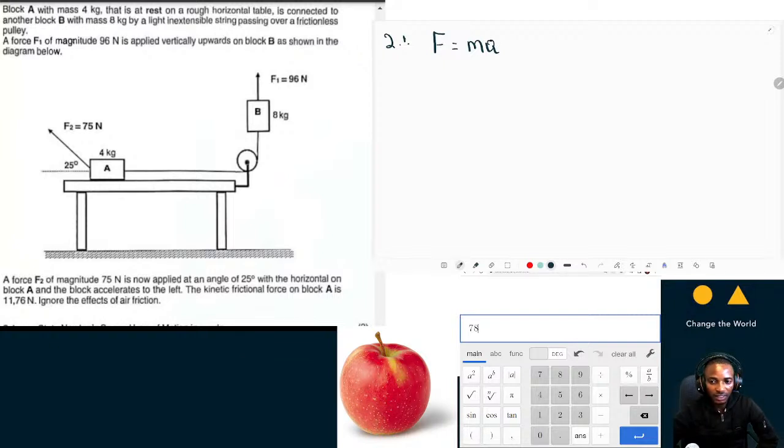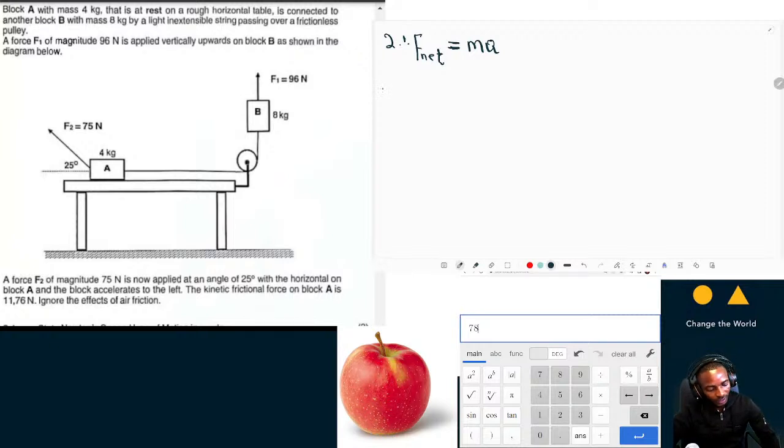It means that when a net force acts on an object, the object will accelerate in the direction of that net force with an acceleration that is directly proportional to the net force, and inversely proportional to the mass of the object. All right, so that's Newton's second law in words.